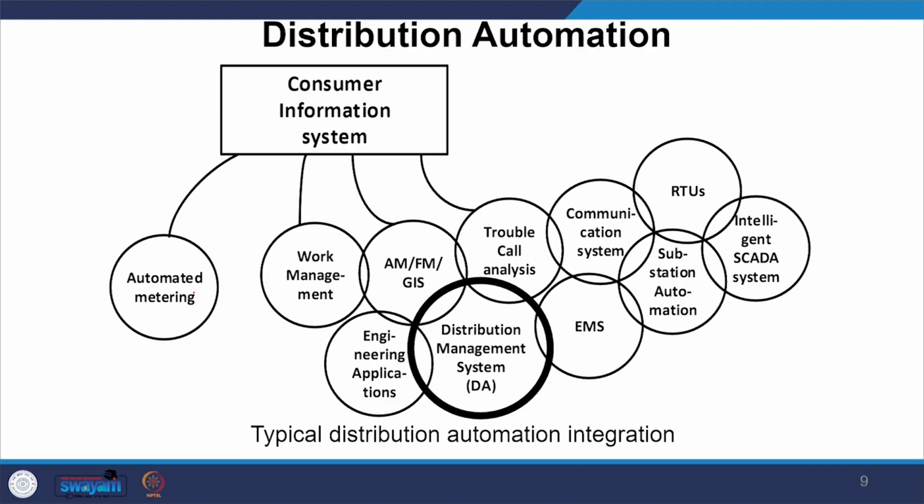You can see automated metering, work management, trouble call analysis, RTUs, EMS, engineering applications, and the distribution management system. So they all come under distribution automation functionalities.